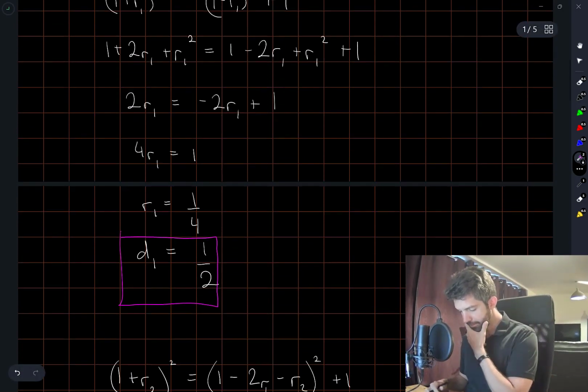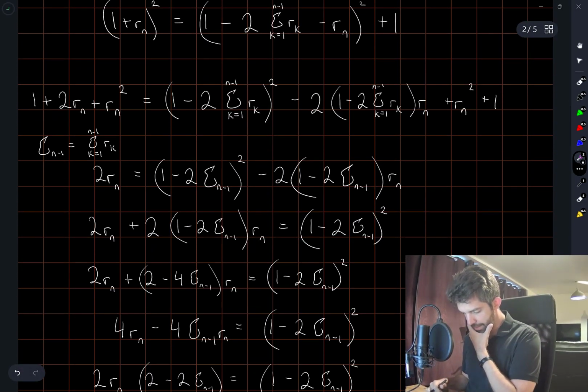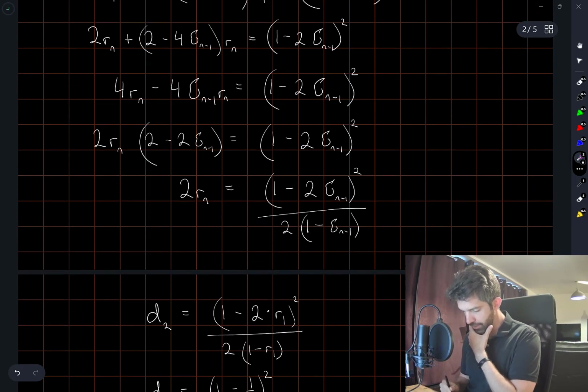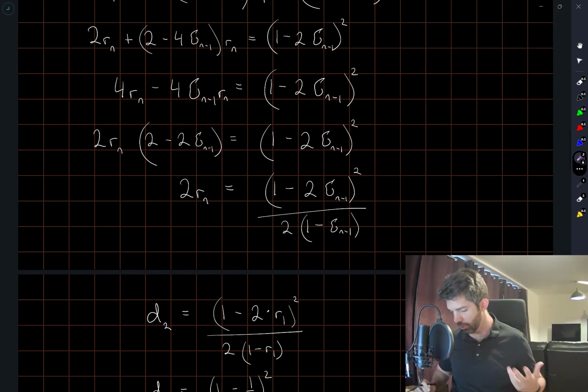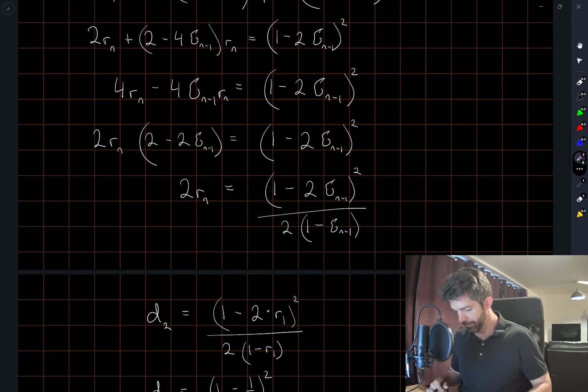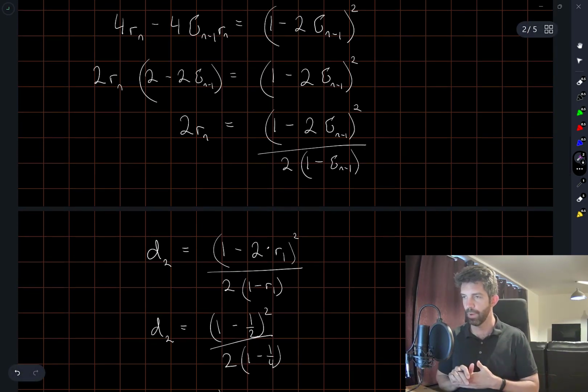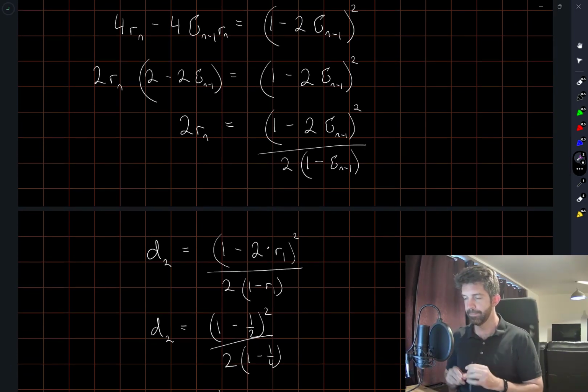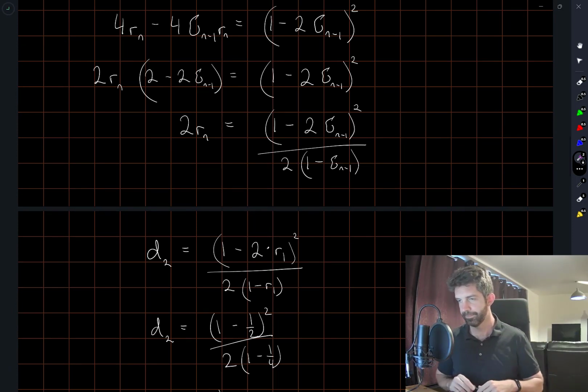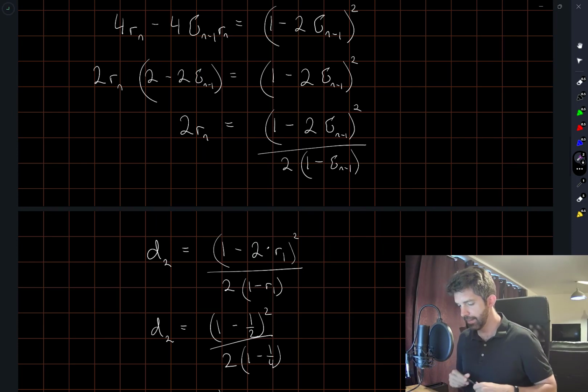But then we ended up getting an expression for each radius in terms of the sum of the previous radii, which on its own is a good step. But if you don't know the pattern in the diameters or the radii already, it might be difficult to figure out what the general expression for this thing is.